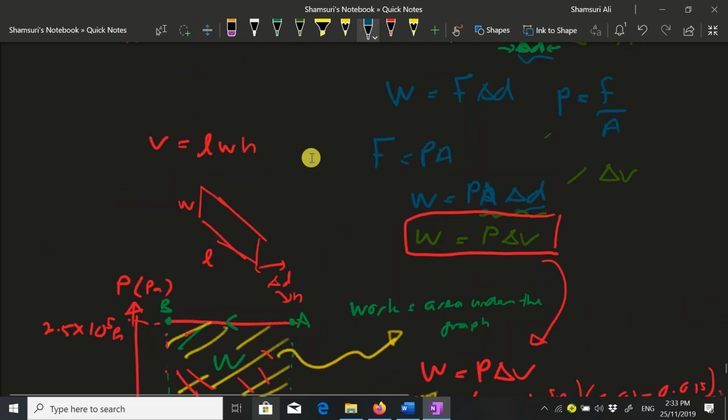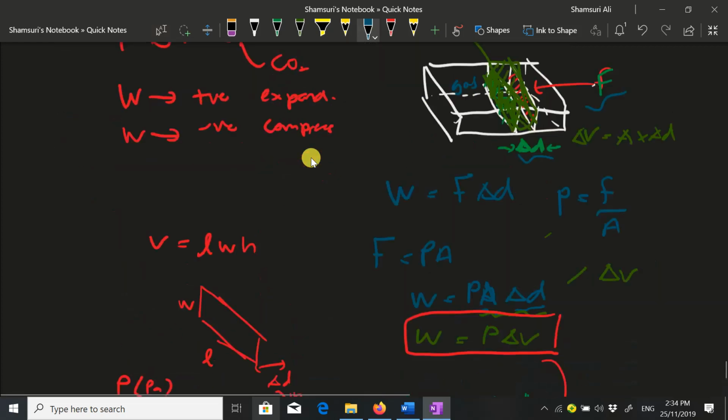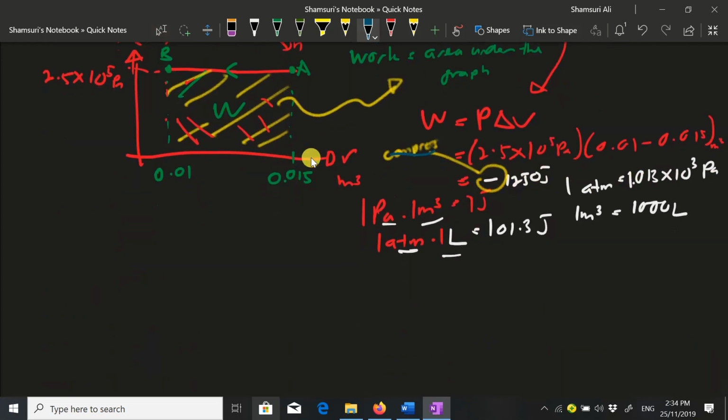And the question is, what is the change in energy? The release of 350, so the value of Q is also negative 350 joule because it's released here. So we can put all these things back: our W is minus 1250, and Q is also minus 350 joule, because heat goes out of the system.